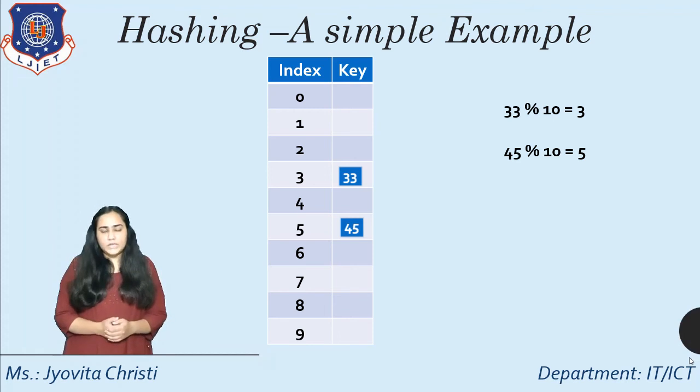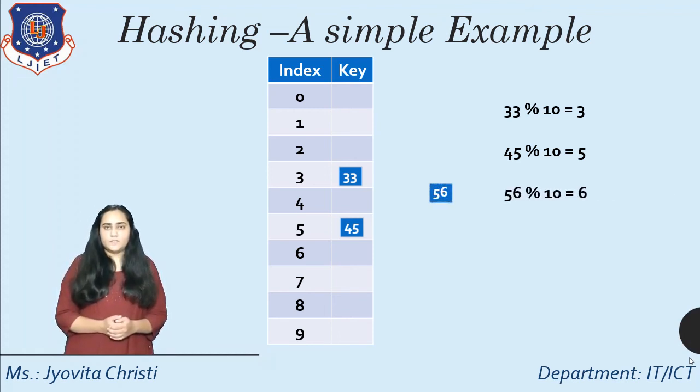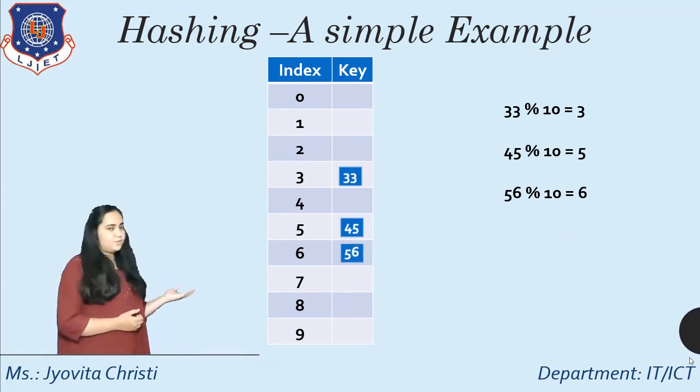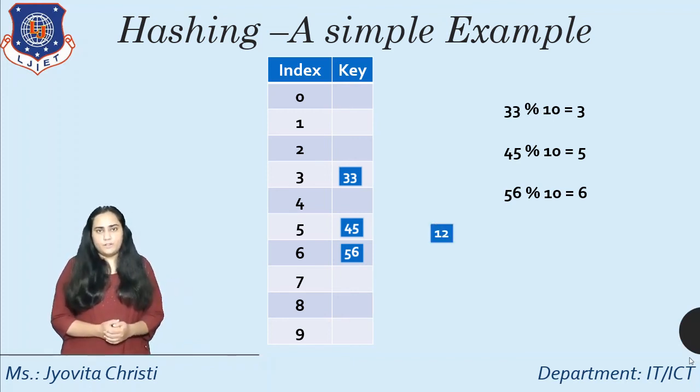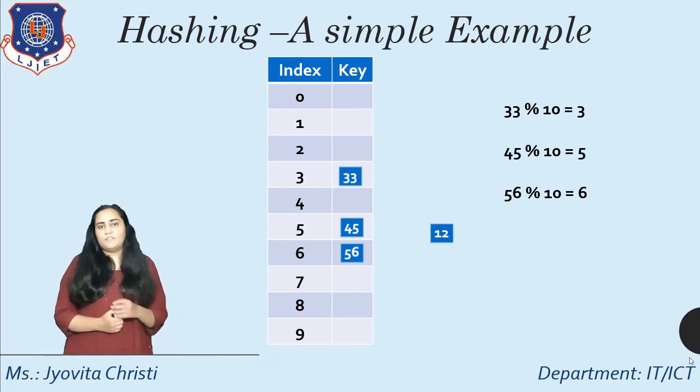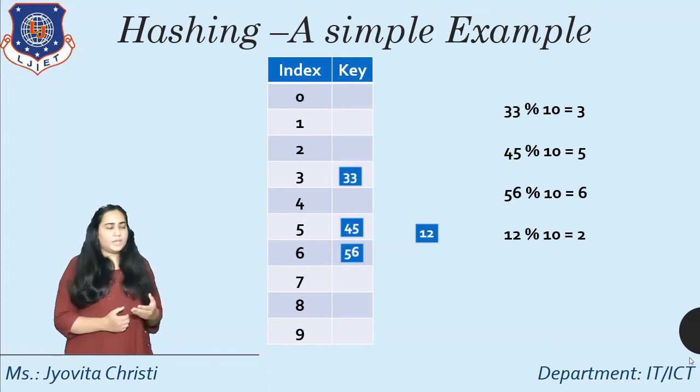The next key I'm going to insert is 56. 56 modulo 10 gives me 6. So I'm going to put 56 in position 6 right here. The next key I'm going to insert is 12. So 12 modulo 10 gives me 2. So let's go ahead and put 12 in position 2.